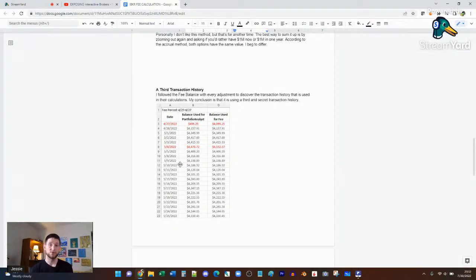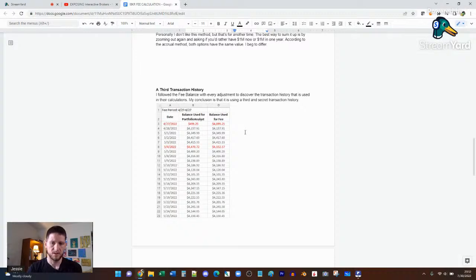They're using a third transaction history, which is actually very close to the reports one. Now, if we were to kind of create the ideal scenario for our client, we would want it to more closely mirror the reports section for our clients. And I'll talk about that in a second. So that's kind of a good thing.